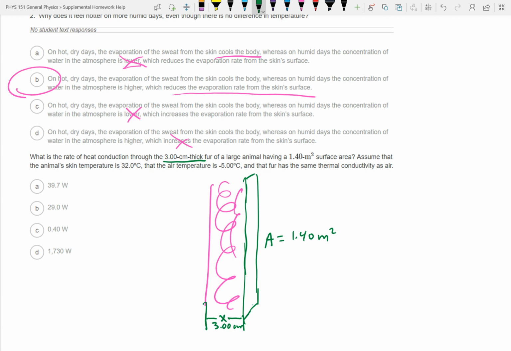And we have temperature of the animal is equal to 32.0 degrees Celsius. So we're probably not talking about for on me. And we have finally temperature of the air is equal to minus 5.0. Didn't give myself space. So this one is the skin.